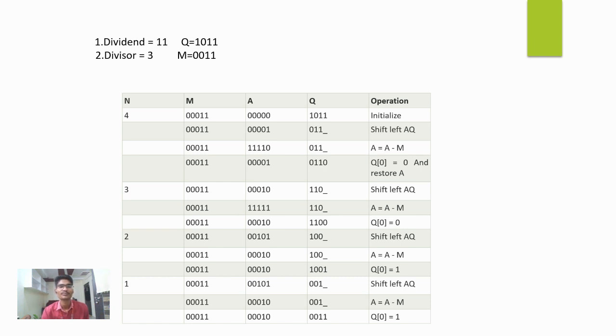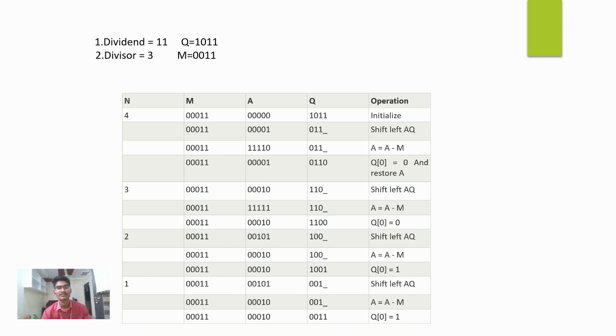At first we are going to perform a left shift. When the left shift is performed, the MSB of Q, which is 1, will be moved to the LSB place of A. Here only A and Q will be left shifted. There will be no change in the value of M, and the LSB of Q will be a vacant place.